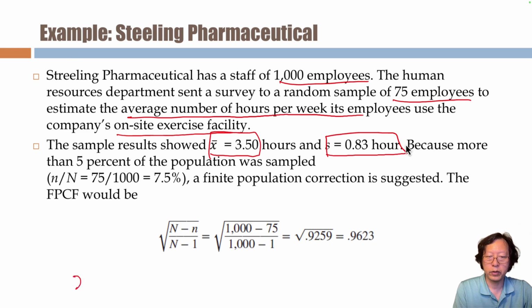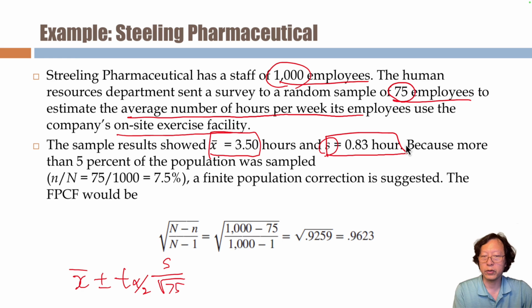confidence interval, which, since we don't know the population standard deviation, we have to use a t. I don't know what confidence level you want, but here n is 75. However, 75 is more than 5% of 1000. 75 is 7.5%.